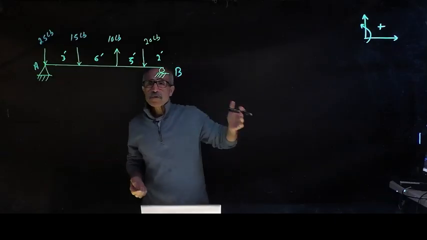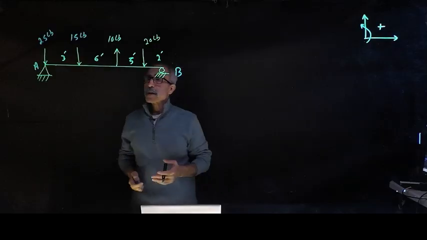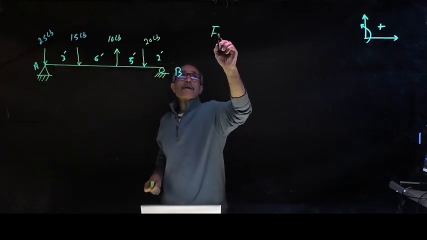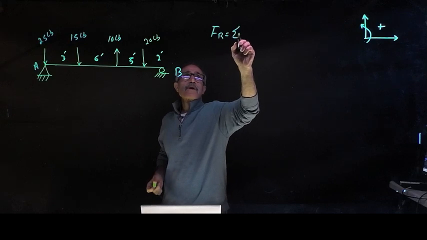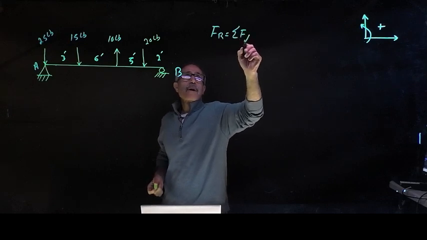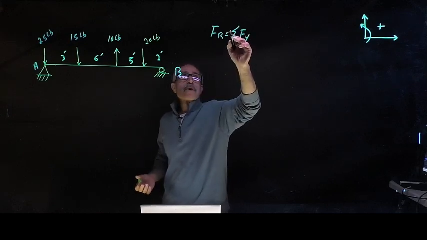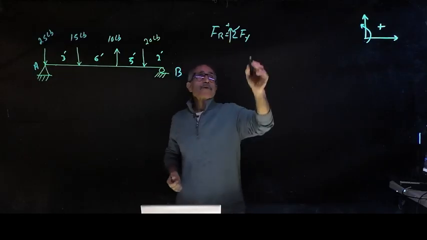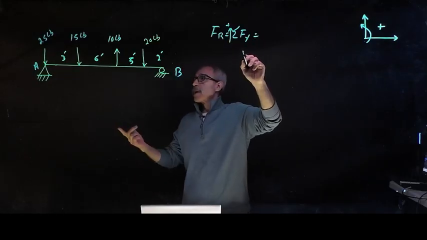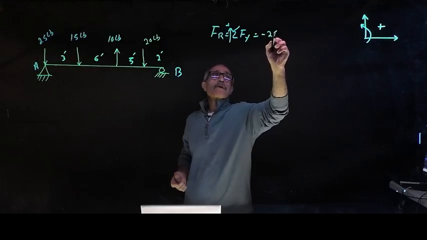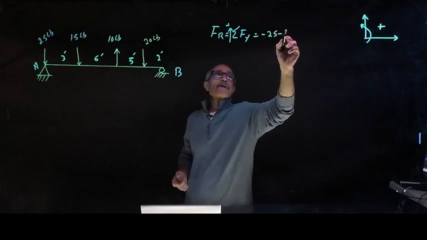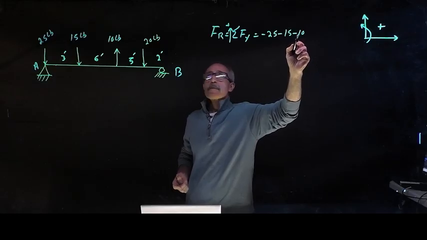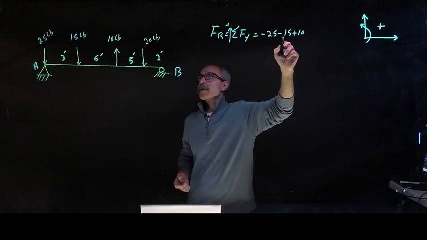Remember, with all those resultant forces, well, that's easy. I can find the resultant force. F of R is equal to the summation of all F of Y, since we don't have any F of X, and going this way is positive. I've got minus 25, minus 15, minus 10, no, plus 10. Plus 10 and plus 20.